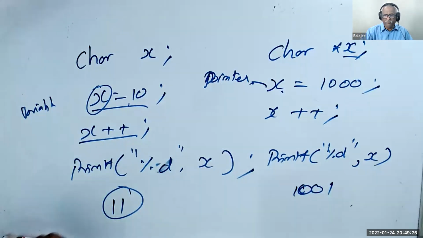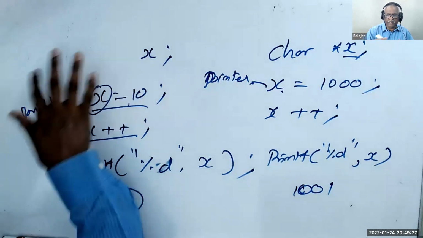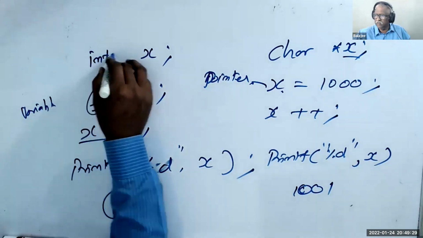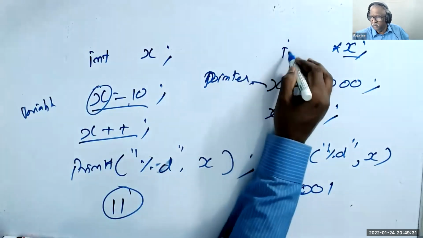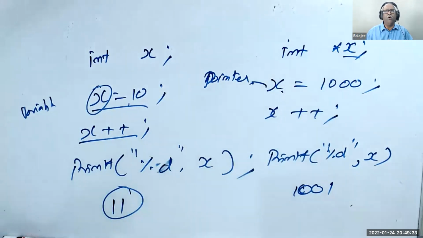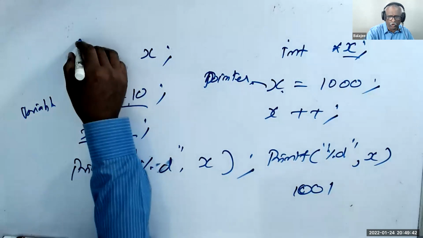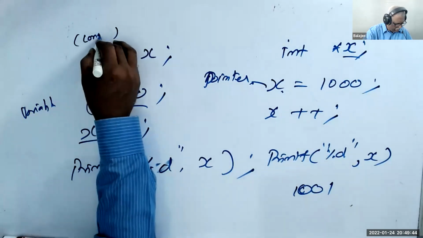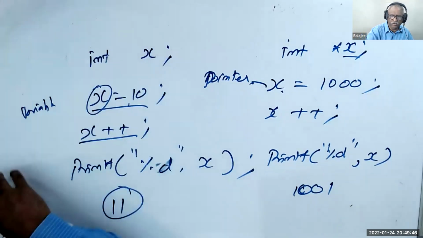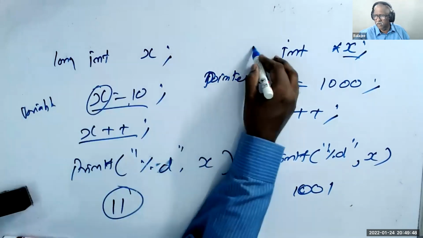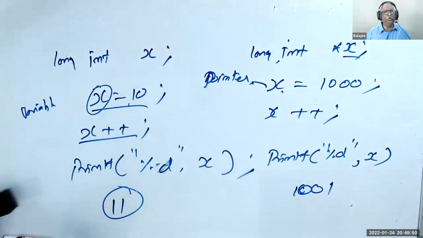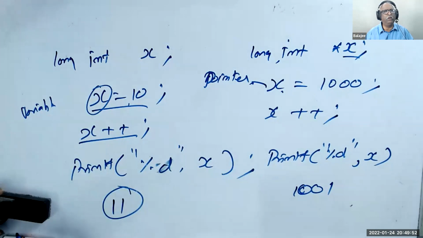But if we change the program here, char to int, let's say int is 32-bit. Assume long. I change here to long int. Now when I do the long int, then what happens?